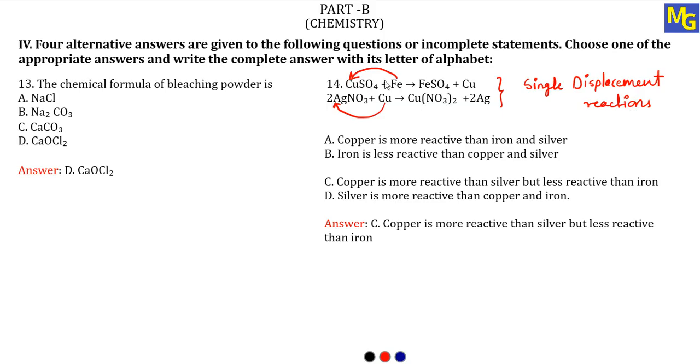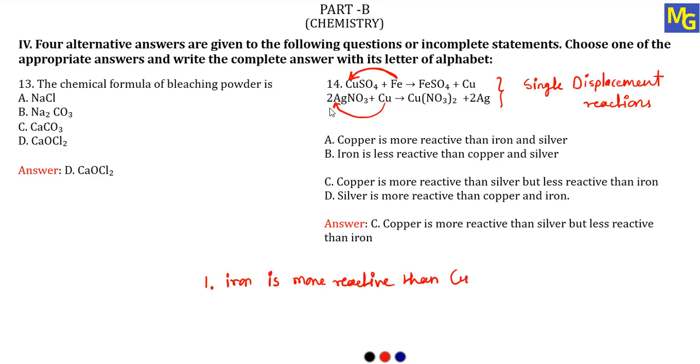Now see, in the first reaction, iron is replacing this copper. Means if you compare the reactivity in the first reaction, I'll write it here. First reaction, iron is more reactive than copper, that is Cu.